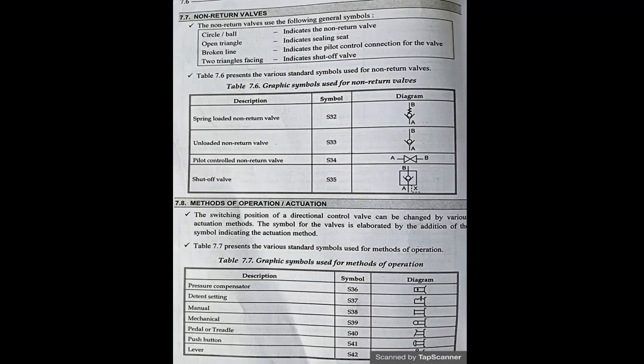So what happens with the bringing of these symbols? It's due to the rapid development in fluid power applications that many symbols and specifications were developed, so that fluid power systems can be communicated and represented properly and universally.